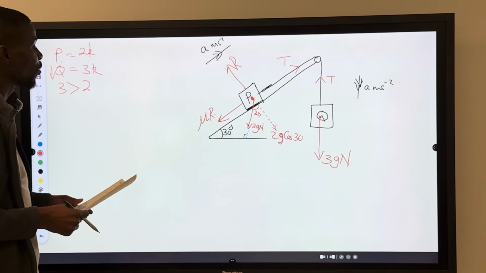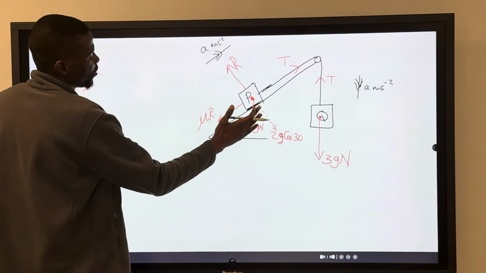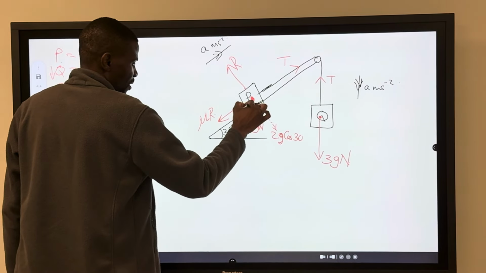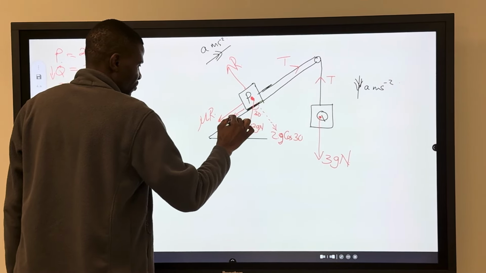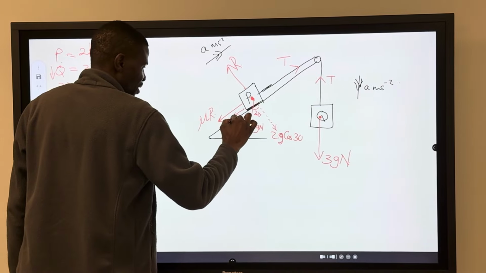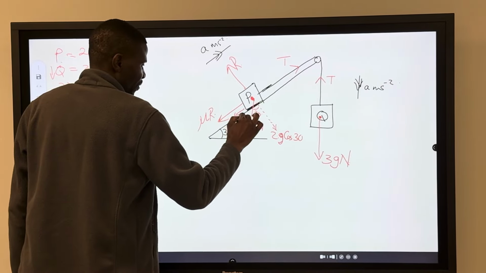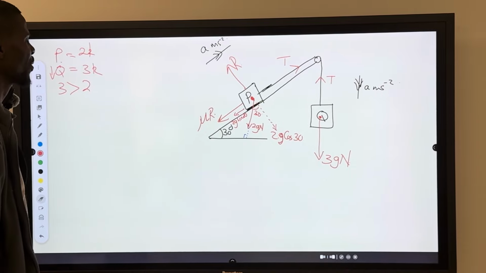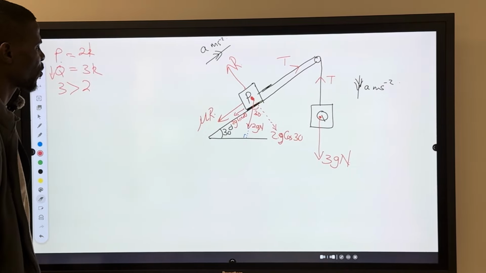Then if we resolve parallel to the plane or down the plane, we have this part again, so it's going to be mg, which is 2g sin 30 here. So we have those, I think we are done. We have applied all the forces.